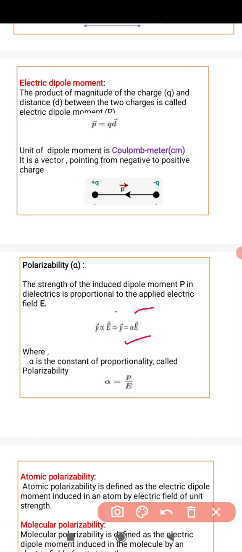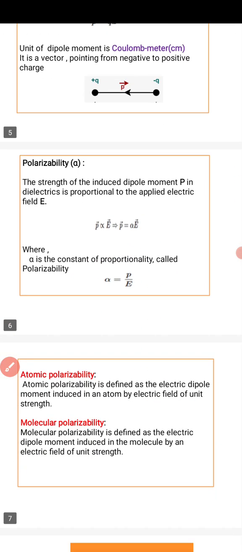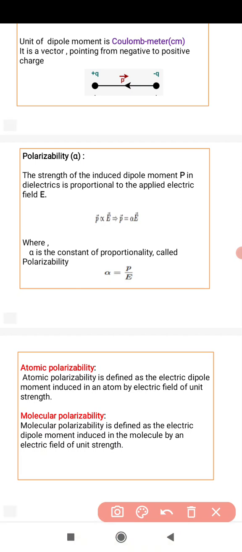Therefore P equals alpha into E. Here alpha is the proportionality constant, called polarizability. We get alpha equals P divided by E. So alpha is called the polarizability of the dielectric material.